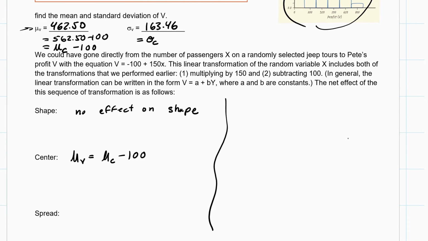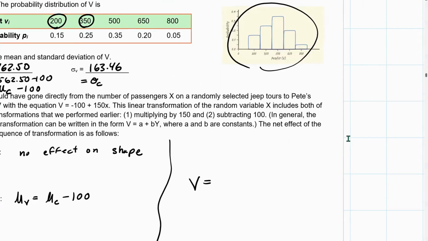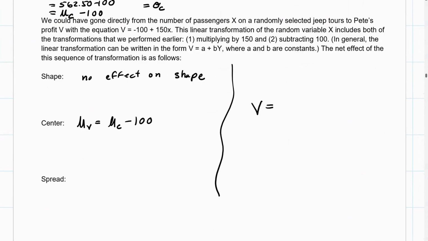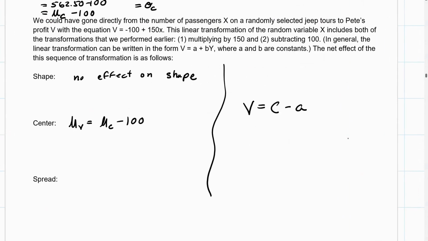Or more generically, if our transformation is C minus some constant a, then the new mean is the old mean minus that value. What about the spread? We said the spread stayed the same. So under these circumstances, the spread is just the same.